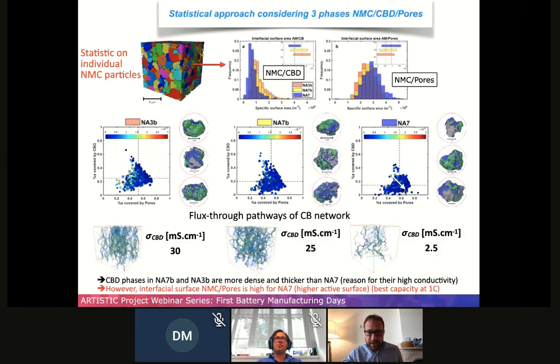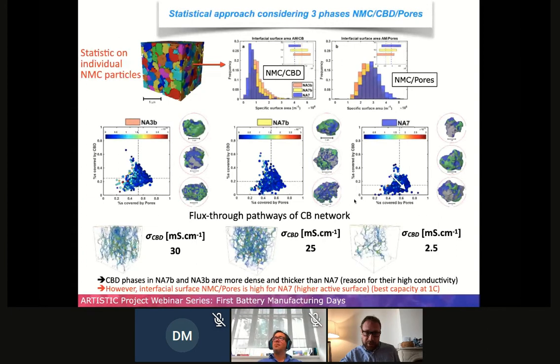And when we compare this trend with the conductivity we measured with a 4-probe local measurement, we see that for this sample the conductivity is very low, which is very consistent with what we observe with the statistical approach.